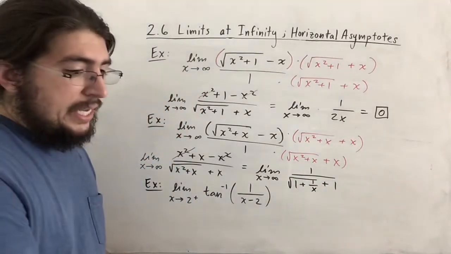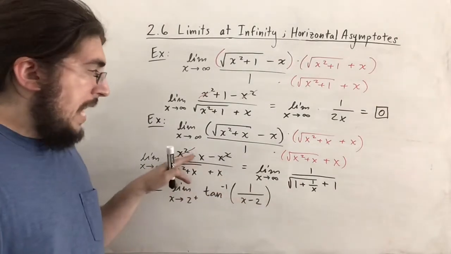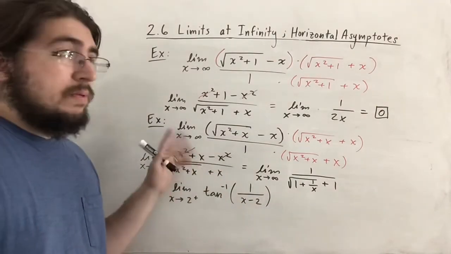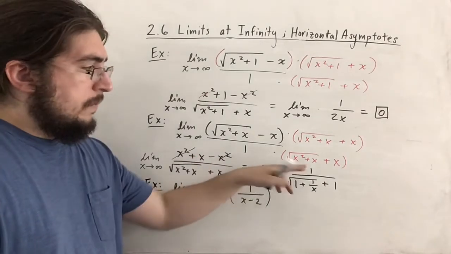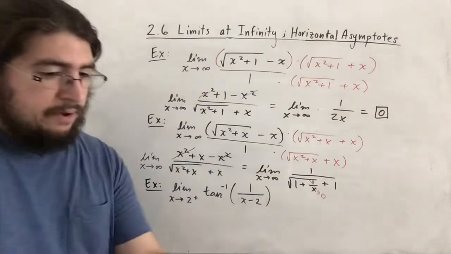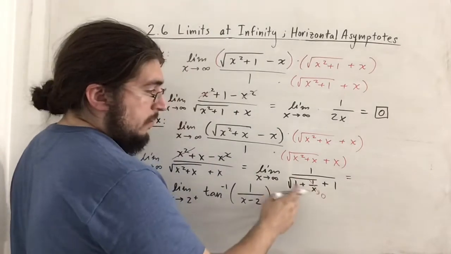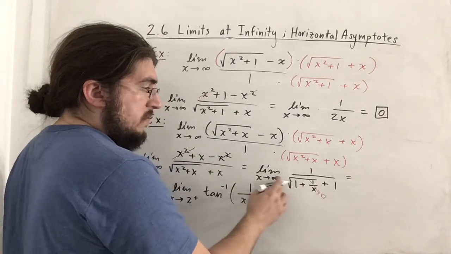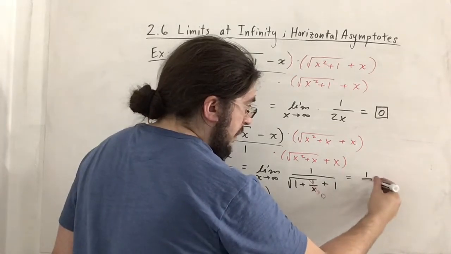And here in this case, because the numerator is x, dividing by x doesn't go to 0 in the limit, it goes to 1. So we get a different answer here now. This approaches 1 over, because 1 over x goes to 0 as x goes to infinity, 1 over radical 1 plus 1, which is 1 over 2.